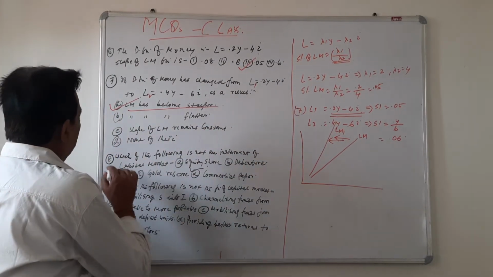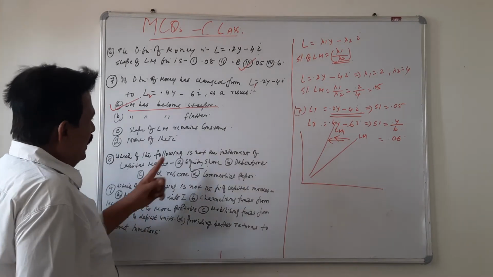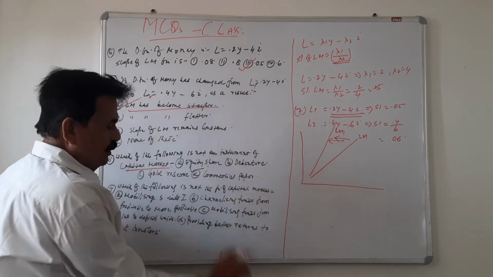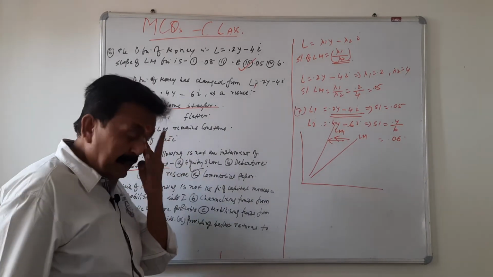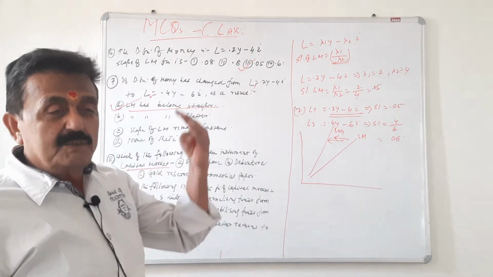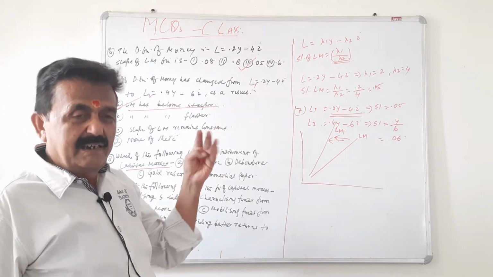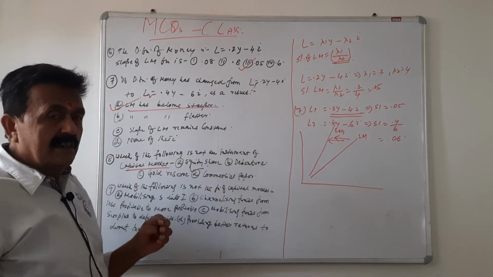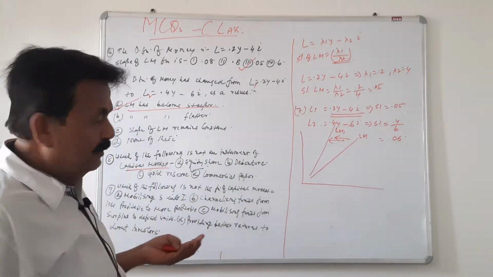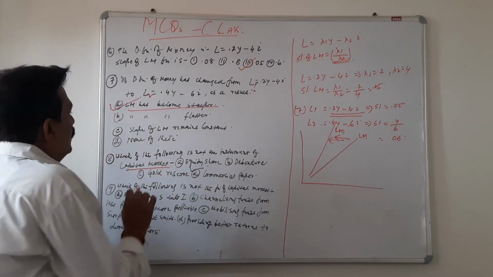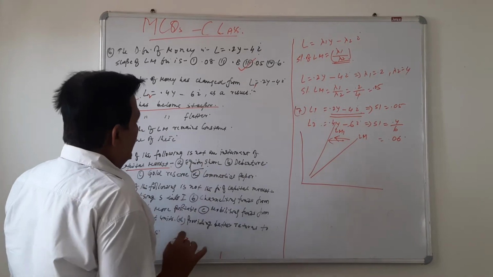Number 8: which of the following is not an instrument of the capital market? Though the capital market of India is not as developed as in Western advanced countries like America, England, France, Germany, where the capital market is quite developed, we are also developing our own. In the context of the Indian capital market, which of the following is not an instrument?